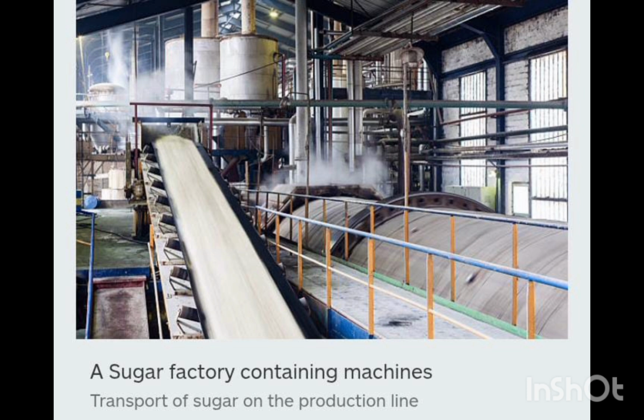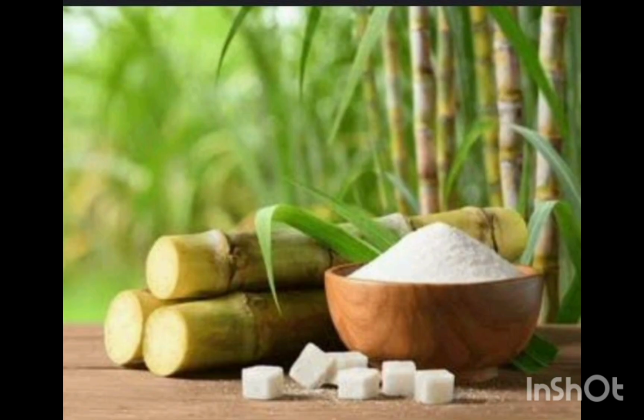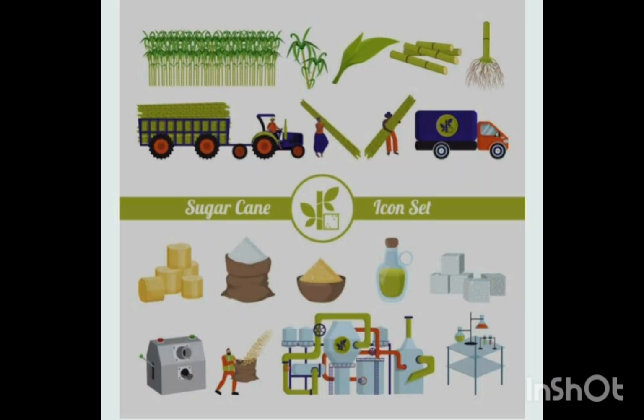The juice that is produced after grinding and crushing the sugar cane undergoes a process called clarification and bleaching. It is mixed with lime solution for about 6 hours. So we're going to talk about the processes that are involved in this.